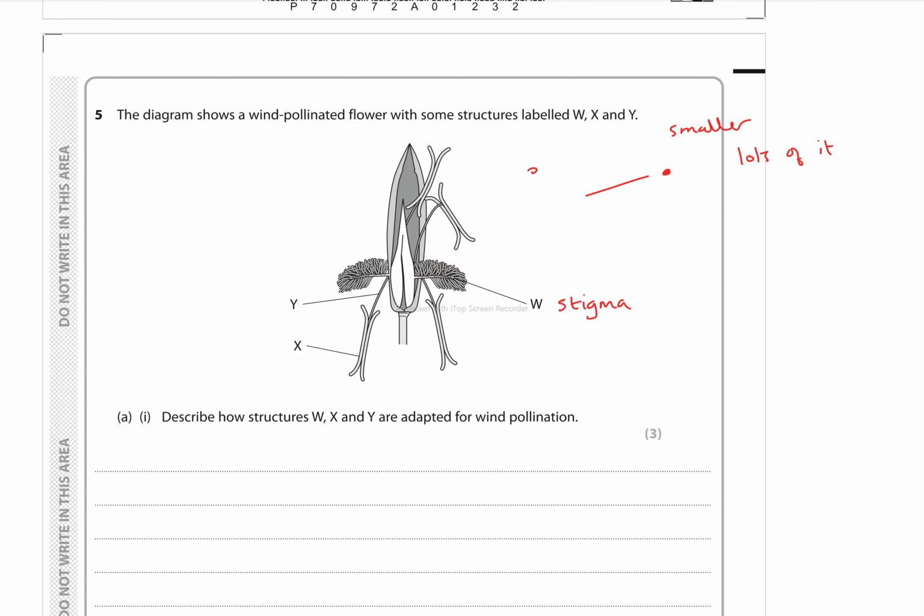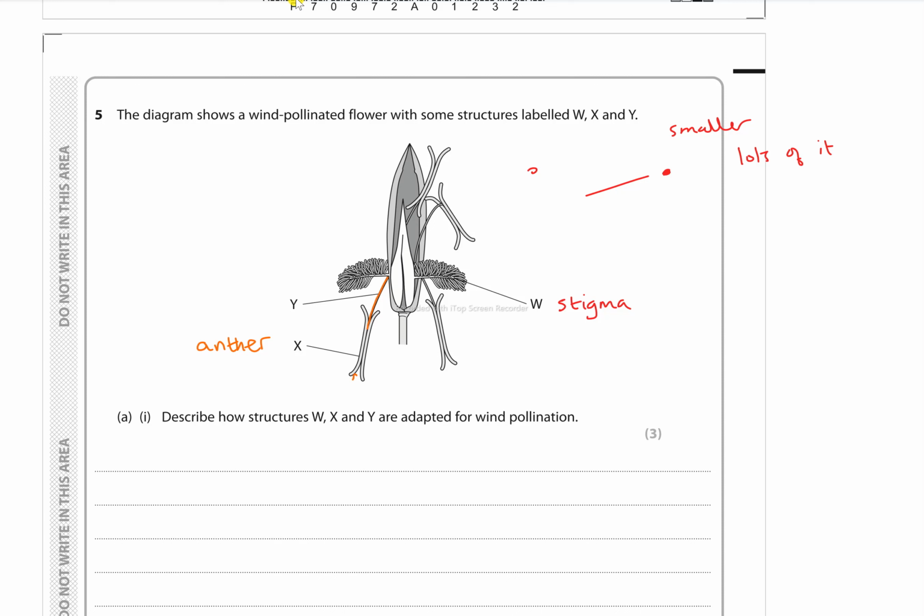Right, what's the next one? That is the anther. It's outside, exposed to disperse the pollen.